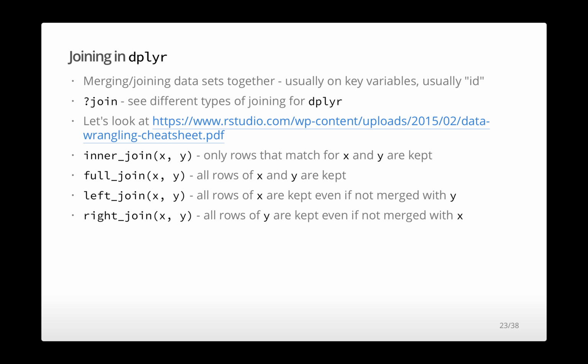Then if you don't put any arguments to say what you want to merge by, it'll say, oh, I see an age over here, I see an age over here, we're going to merge on that. So it'll be like ID, yep, age, yep, whatever else is in there, that's your unique identifier. Now, if you do have age here and age here, but you explicitly say, I just want to merge on ID, they will be given suffixes. So whatever's in x, by default, will say age.x. Whatever's in y will be age.y. Okay?